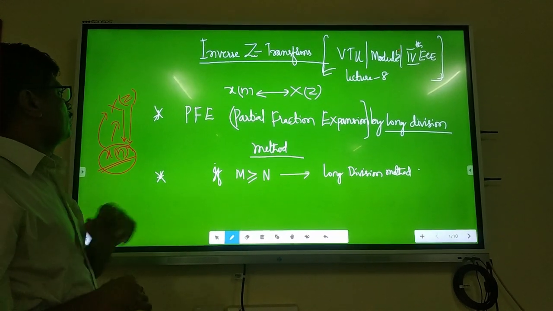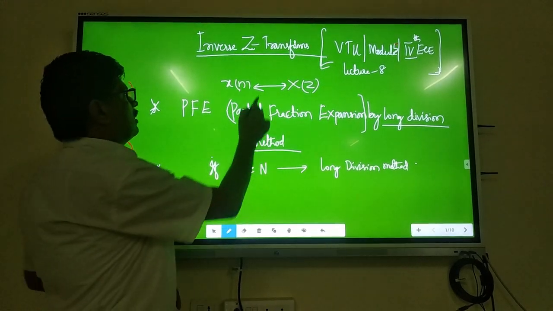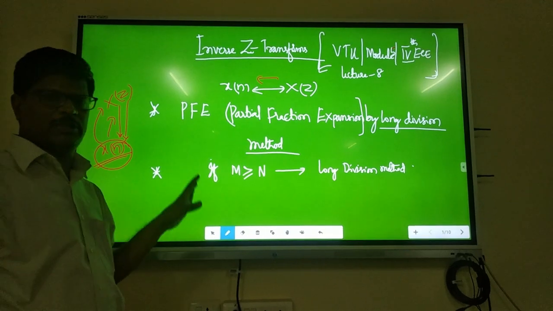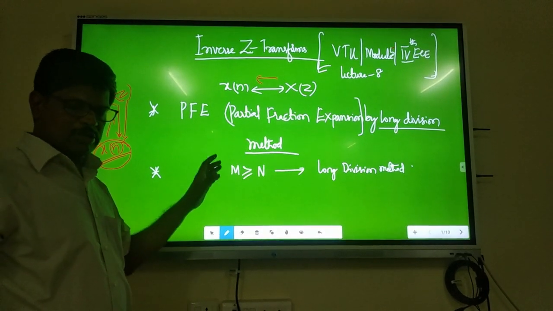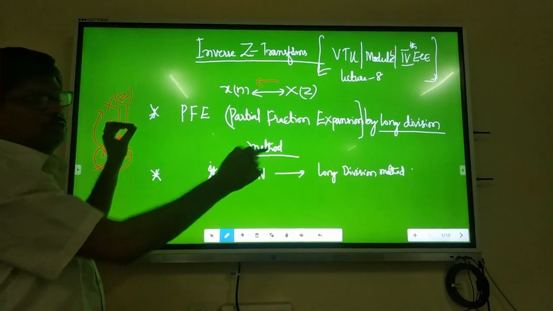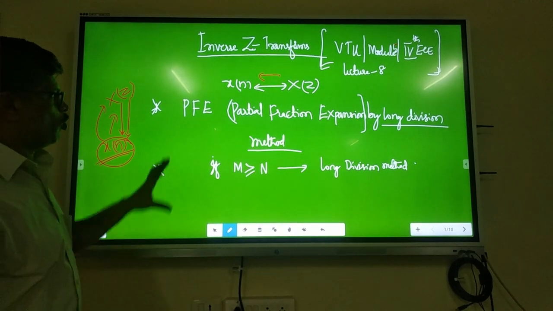after analysis. In the last class we told you there are two methods of getting the original X of n from X of z. One is the partial fraction expansion method, the other is the power series expansion method. In the partial fraction expansion method, there are two conditions, two cases.